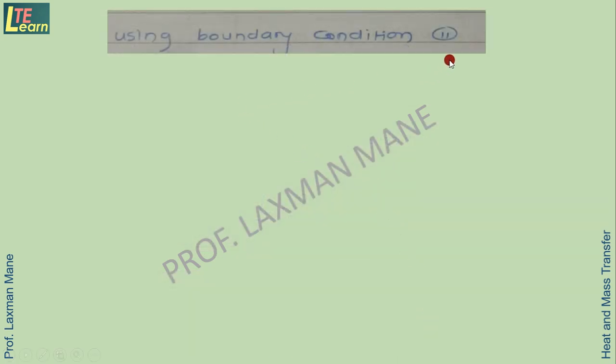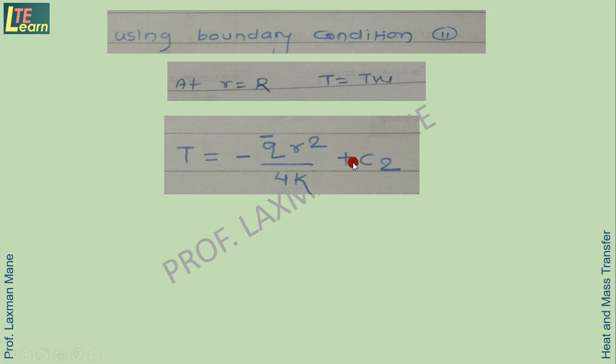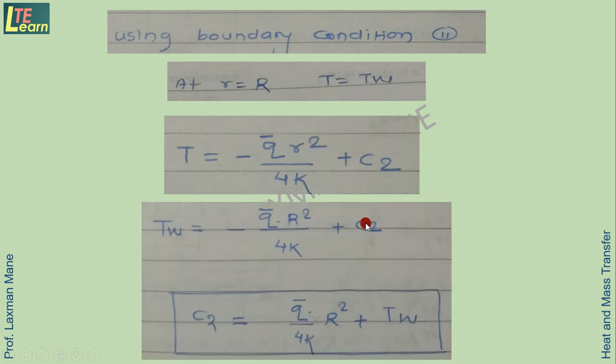Now using the second boundary condition, r is equal to capital R and T is equal to Tw, this equation becomes, in place of T we write Tw, in place of r we write capital R. By simplifying this equation in the form of C2, we find minus q upon 4k times R square plus Tw.